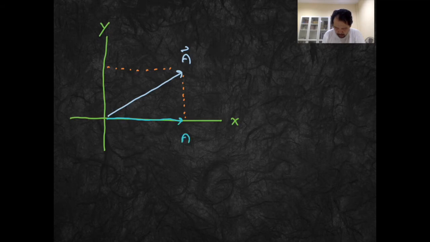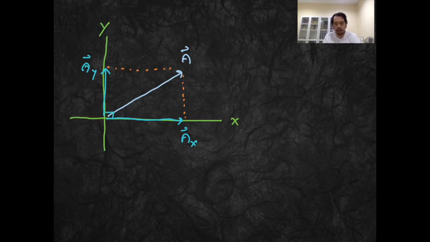So this is AX and this is AY. Okay, you can see that AX and AY are perpendicular to each other.